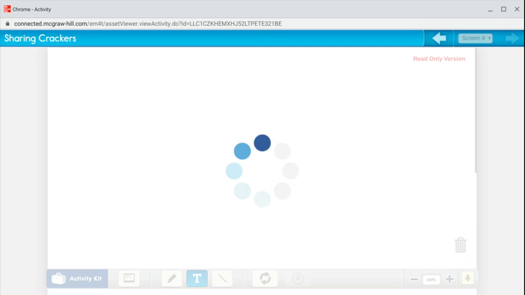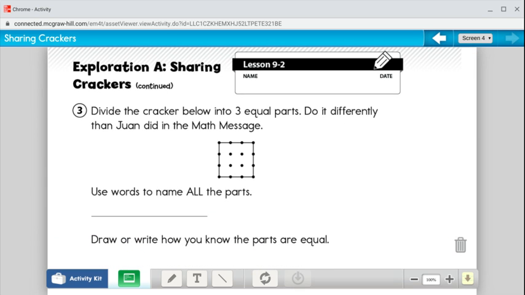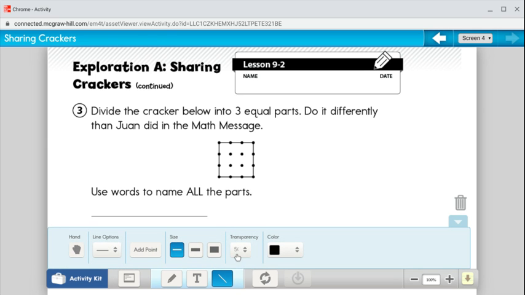Let's go ahead to our next one. Right, so this one, they want us to divide this cracker into 3 equal parts, but to do it differently than Juan did in the math message. Well, that should be easy because he did it a very unique way, and he left us a way to do it very easily. So we're going to get our lines ready.